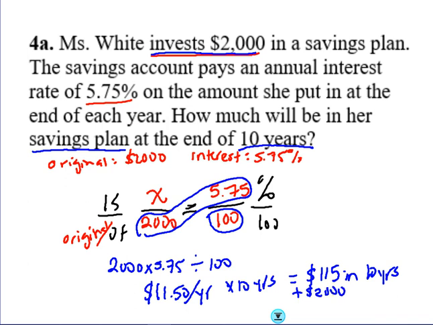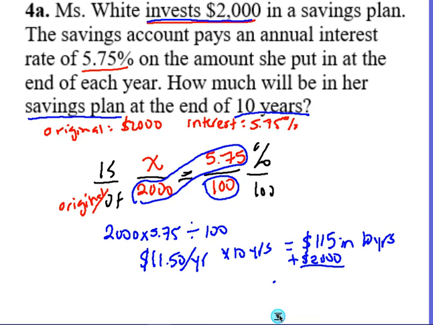So we have to add the 115 plus the 2,000, and that will be $2,115. So her total amount in her savings plan at the end of 10 years will be $2,115 based on a simple interest formula.